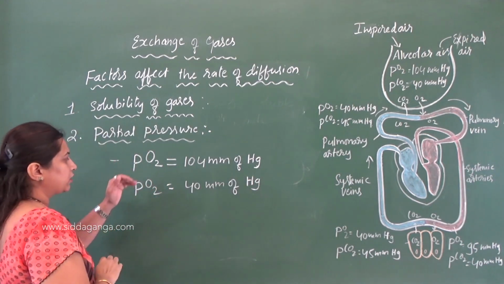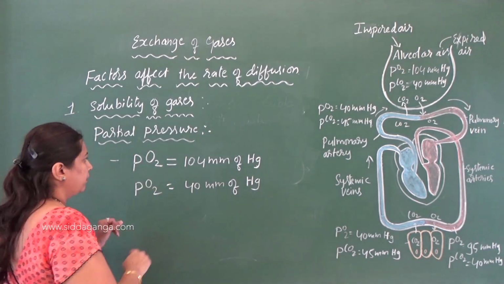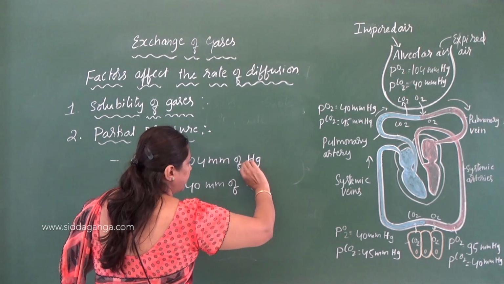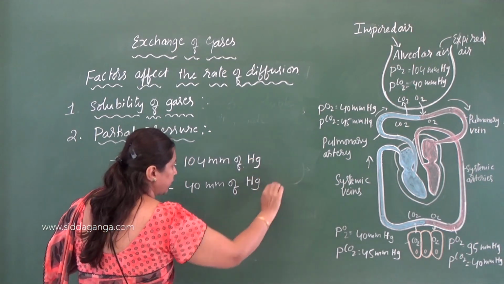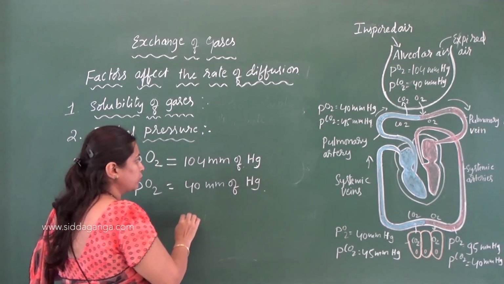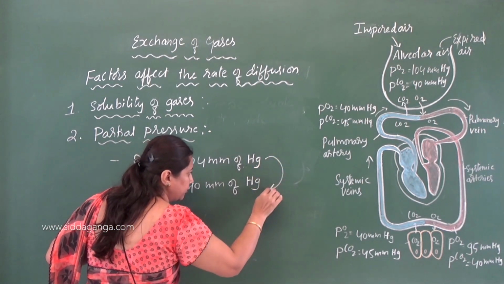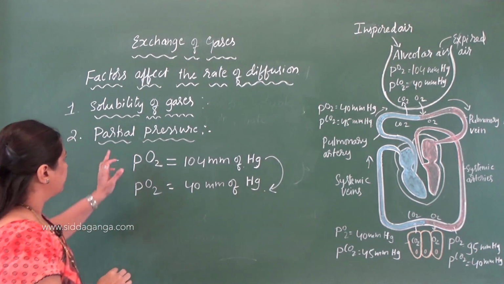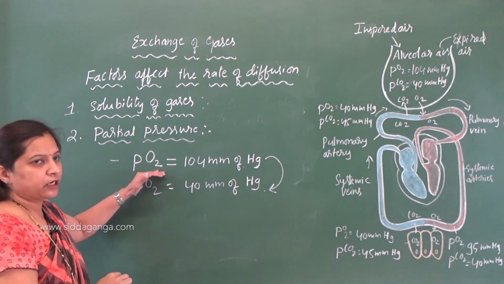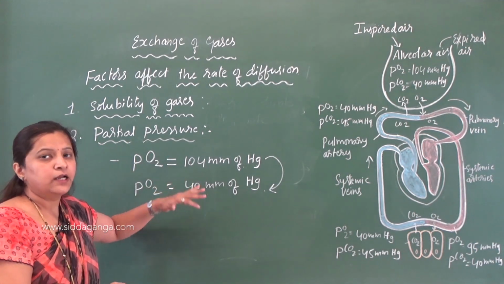So oxygen will diffuse from an area of higher partial pressure to an area of lower partial pressure, so oxygen from the alveoli diffuses into the blood. It is due to the difference in the partial pressure that diffusion of gases takes place.